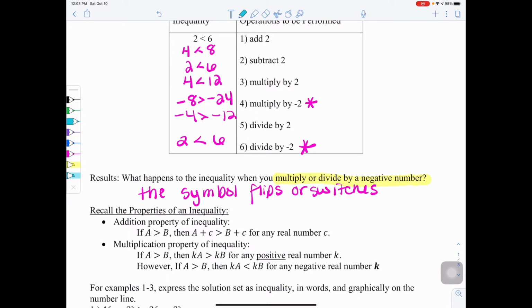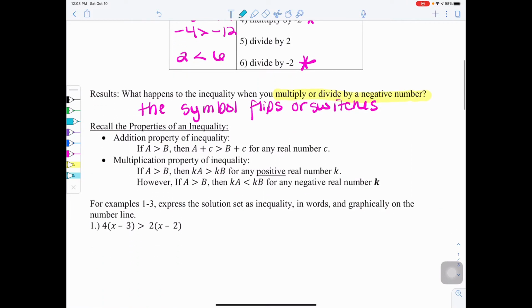Okay, so we're going to recall the properties of an inequality underneath. We have the addition property of inequality that says if you start out with A is greater than B, and then you add C to both sides for any real number C, you're still going to have the same inequality. We have the multiplication property of inequality. So again, if you start out with A is greater than B, and this time you multiply each side by any positive real number, you're still going to have the same inequality.